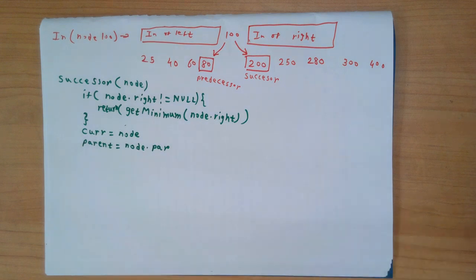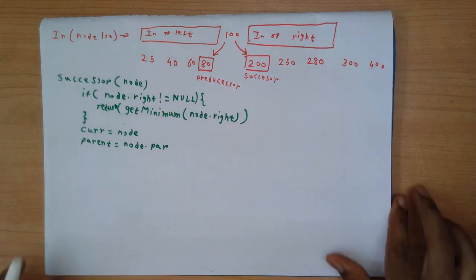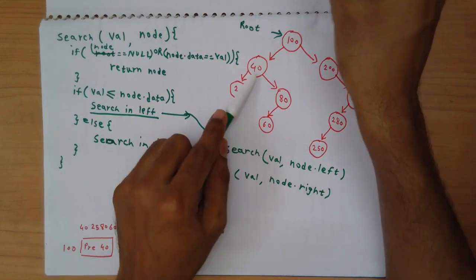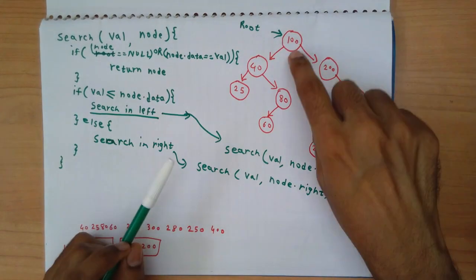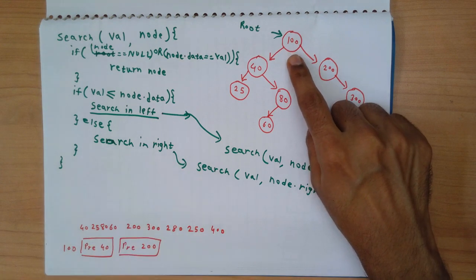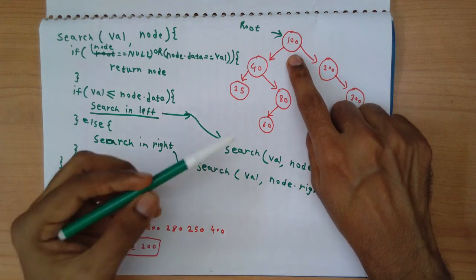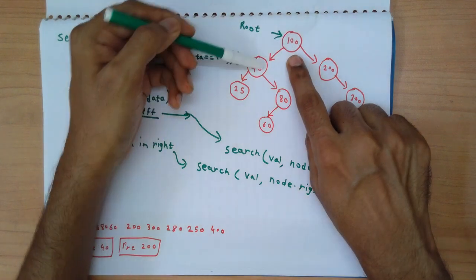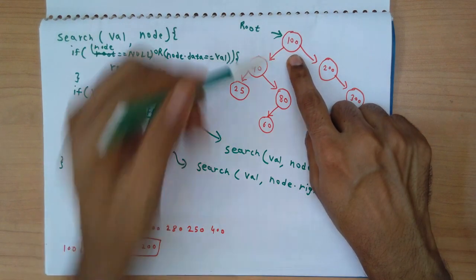Now we are keeping two pointers, the current node that we are looking at and the parent that we know of. Now we should keep going up the tree till we find the first such ancestor such that the node we came from is actually the left child.